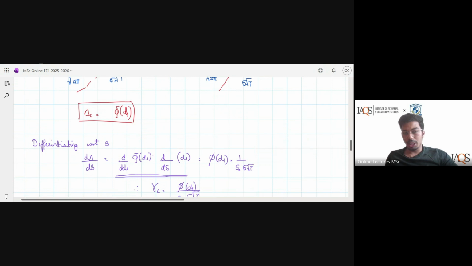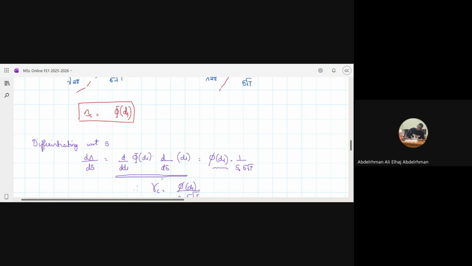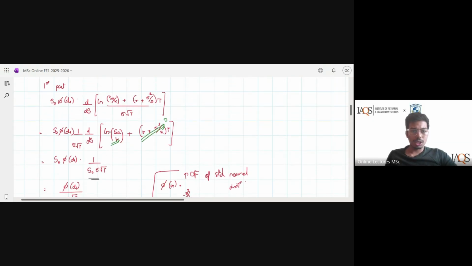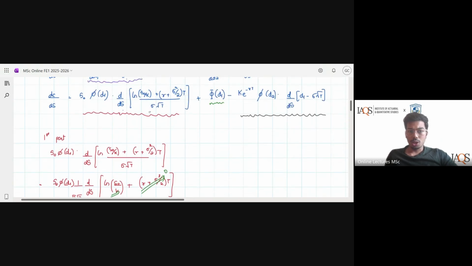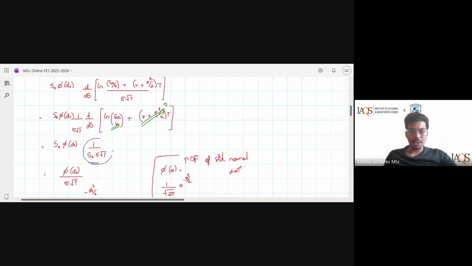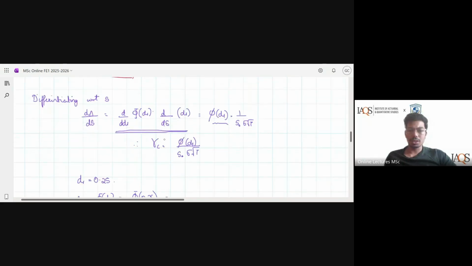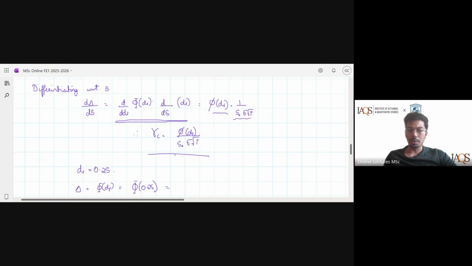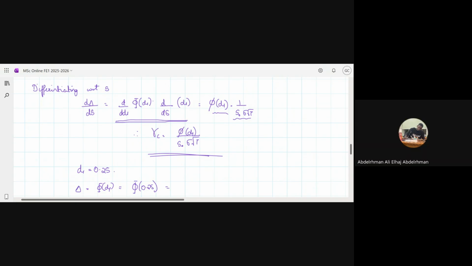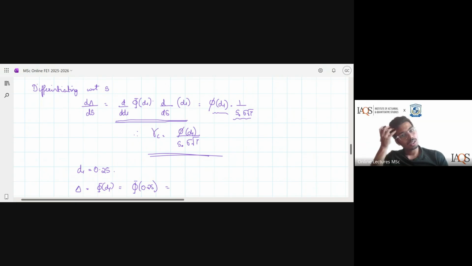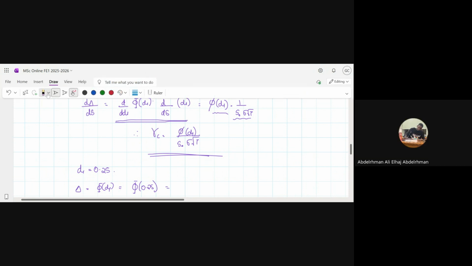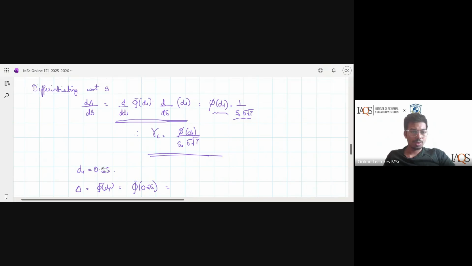Now I know d by d1 of CDF of d1 is PDF of d1. And d by dS of d1, if you see the previous one, we calculated as 1 by S0 sigma root T. So that is what I substitute over there, and then I got my answer for my gamma. Okay. Understood? Yes, sir. Cool. Let me erase this.